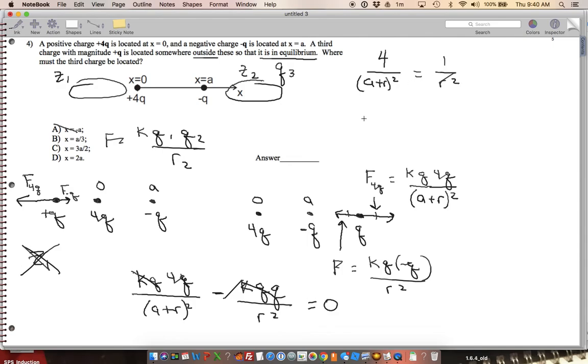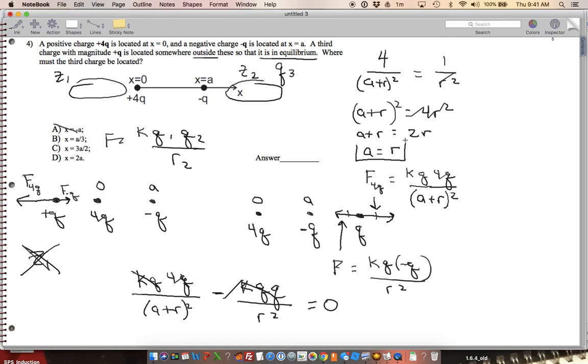Then I can cross multiply, and I have a plus r squared is equal to 4r squared. And if I take the square root of both, I get a plus r is equal to 2r. So that means that a is equal to r. I subtract r from both sides, so I get 2r minus r is equal to r.